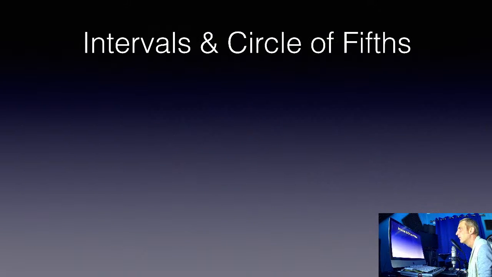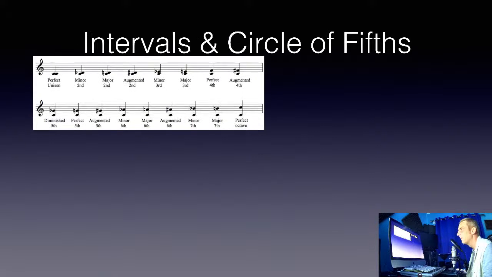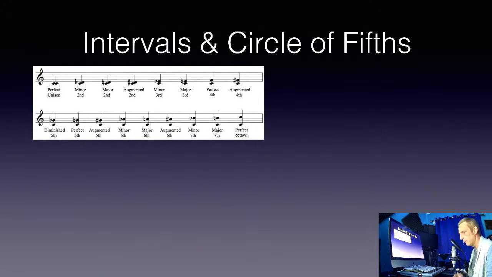So, inversions, intervals and circles of fifths. I'm just going to cover this slightly so that you understand it a little bit. This chart is showing our perfect unison, so we start with our root note, we have our minor second and then a major second, so we're going up in intervals. So it'll be C, C sharp, D, and so on.